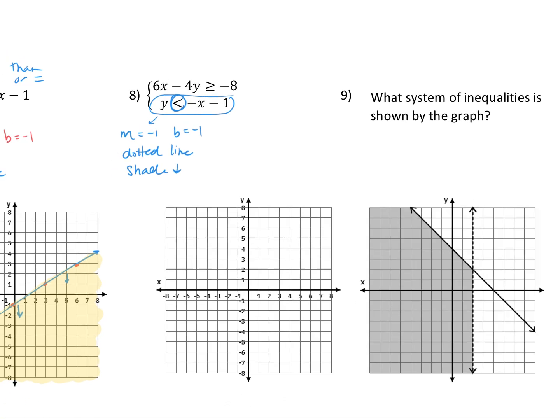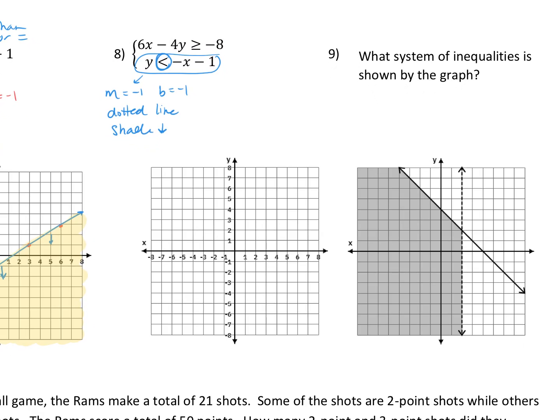All right, so I'm going to get this on our graph. Let's see. -1 for the y-intercept. Slope is -1. This is a downhill line, which matches a negative slope.